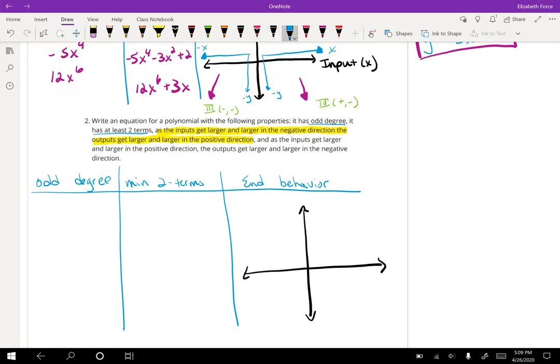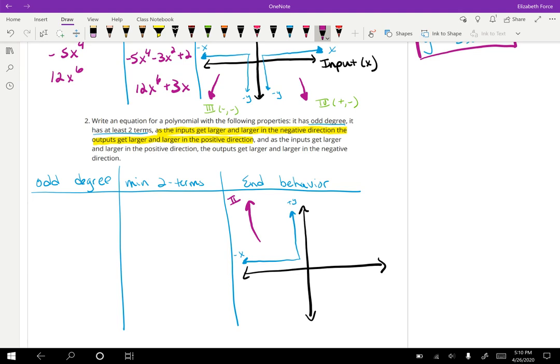So as the inputs get larger and larger in the negative direction, so negative x, the outputs get larger and larger in the positive direction. So positive y. So I want one of my ends to be up here in the second quadrant.